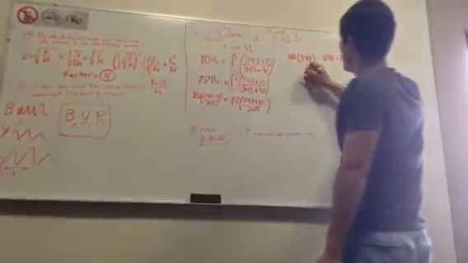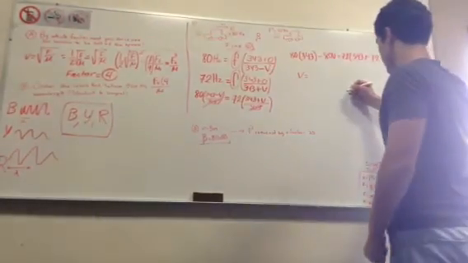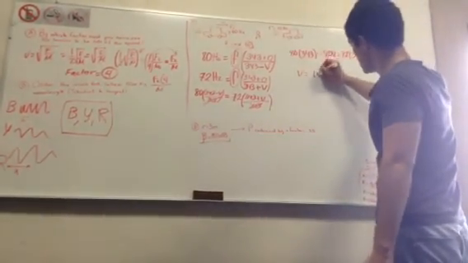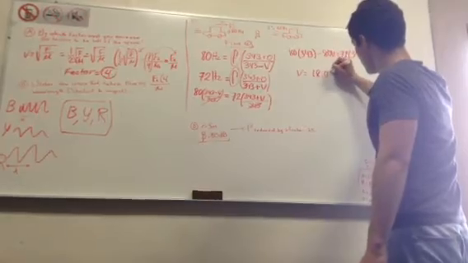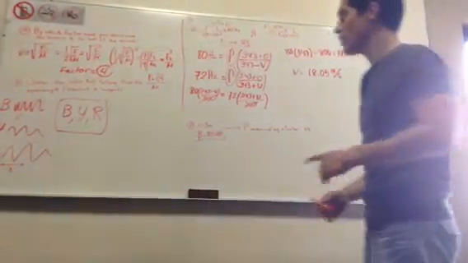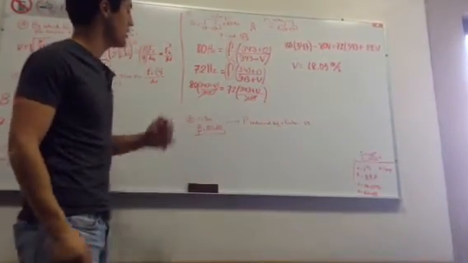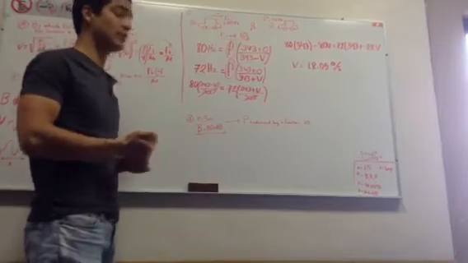And by isolating v, we get to the conclusion that the velocity is equal to 18.05 meters per second.